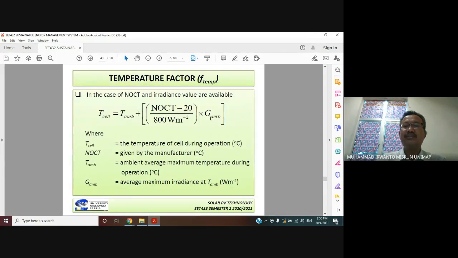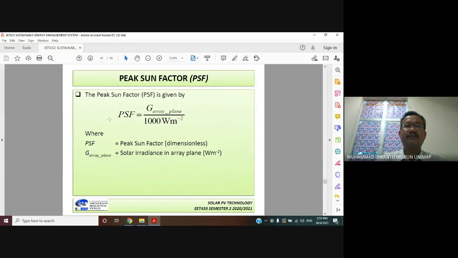Now G is the irradiance at the ambient temperature, the apparent maximum irradiance. It follows how much solar irradiance is arriving at the surface of the PV module. So T cell can be calculated.